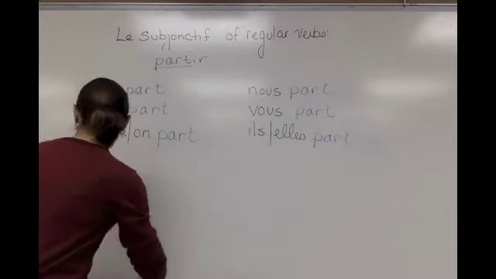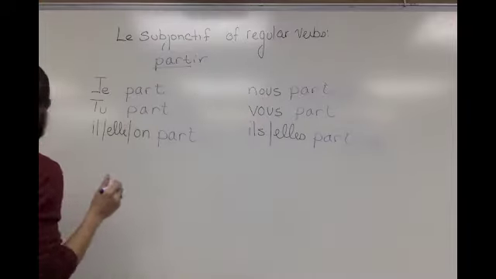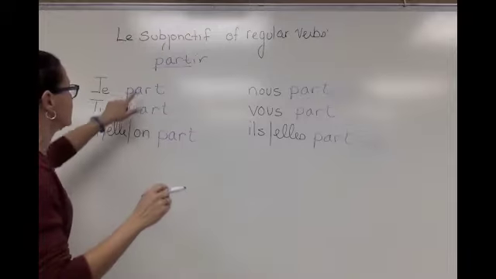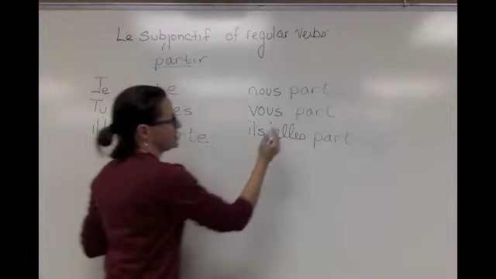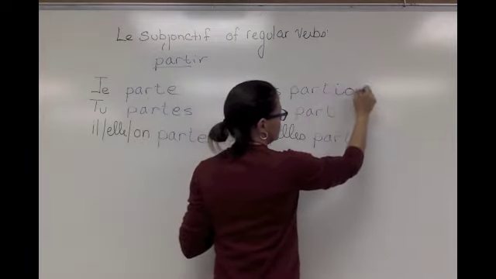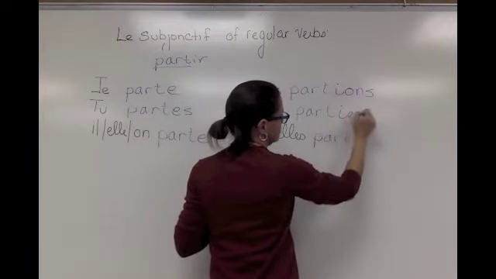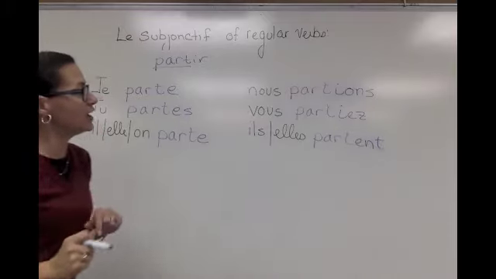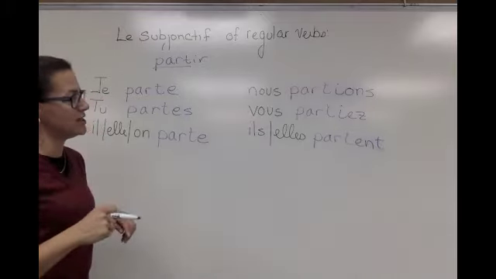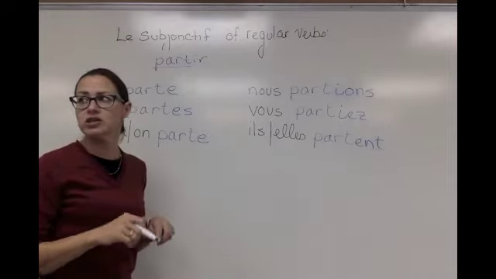Okay, and now we're going to add on our subjunctive ending. Je parte, tu partes, il parte, nous partions, vous partiez, ils partent. Okay, even though it was irregular in the present tense, it's considered regular in the subjunctive.